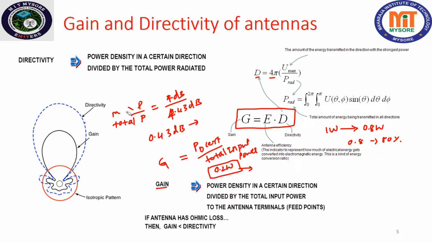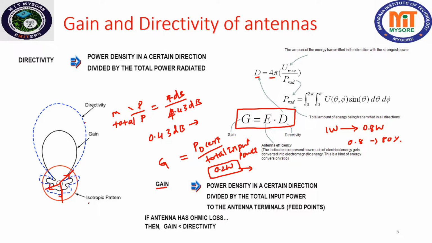Another important term I left without explaining is the isotropic pattern. What is this isotropic pattern? You must be knowing, right? In every direction equal energy is being radiated. An isotropic antenna or an isotropic source radiates the same energy in all possible directions.